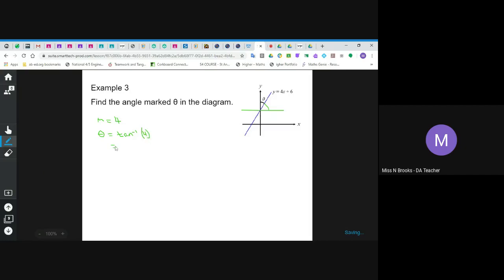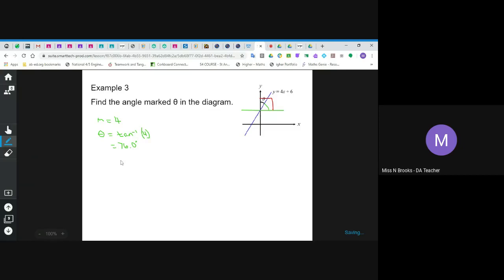And the arctan of 4 happens to be 75.96. So we'll go with 76.0. Now, we want this angle up here. We know that this angle here is a right angle.